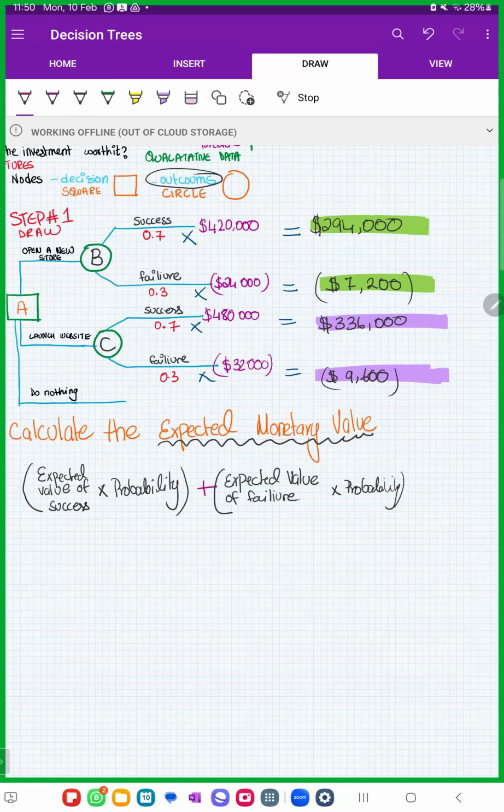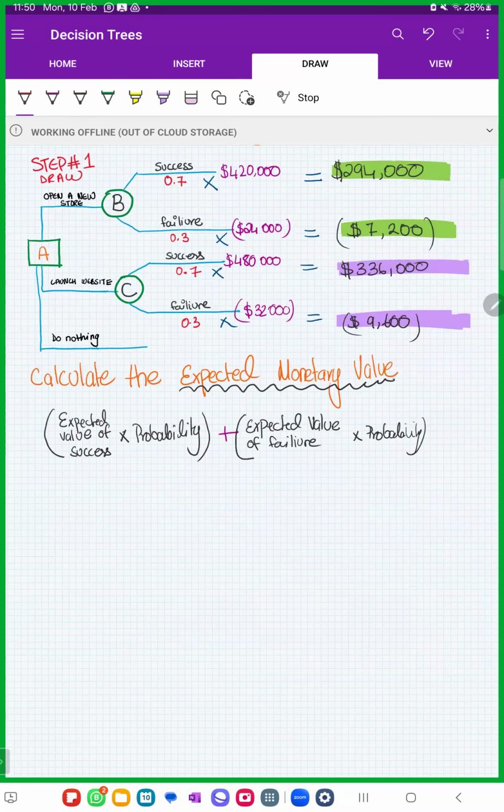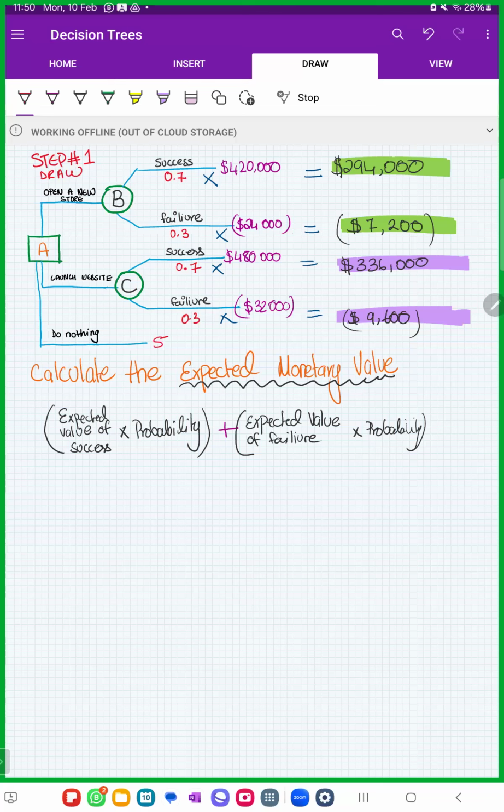Step two, insert values. Step three, calculate expected monetary value.